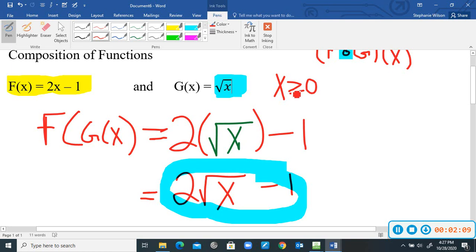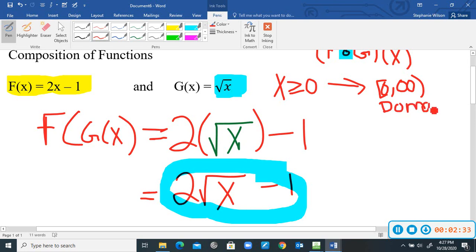Now we just need to state that domain. So that domain says that we're going to include 0, and we're going to go off to positive infinity, because it says x is greater than or equal to, and we put a bracket. So the domain for my original would be this.